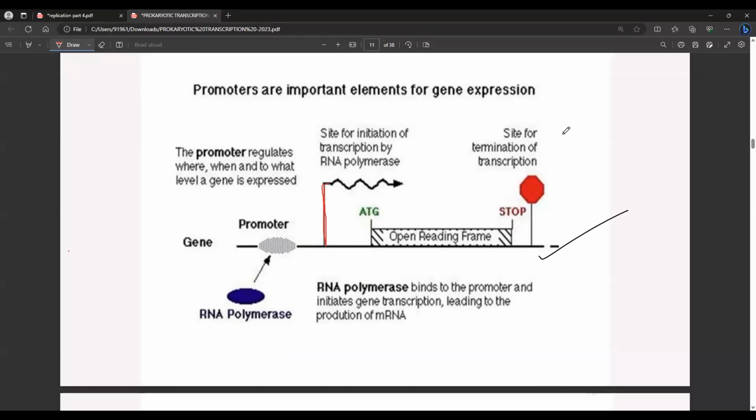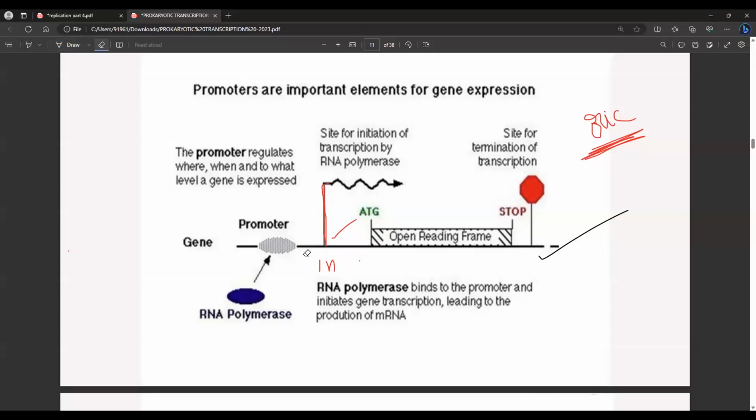Remember, in replication, the replication starts at a point called ORC. Similarly, the point at which transcription will start, we generally call INR, the initiation region, where the process of transcription will start.